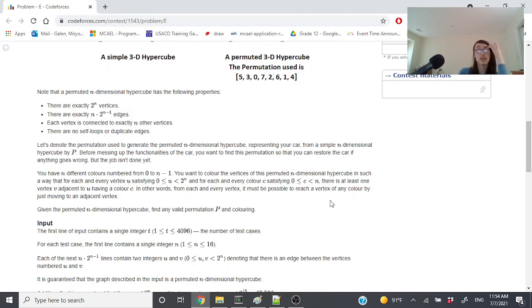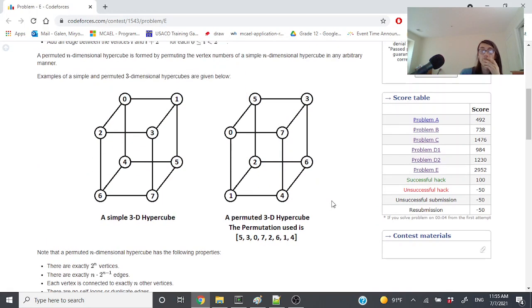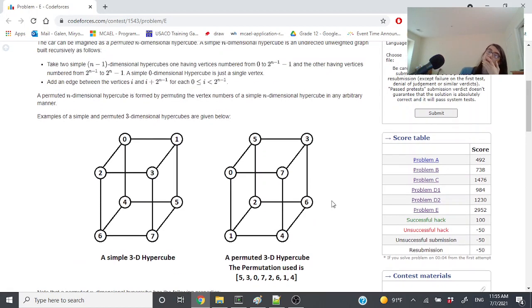Color. Huh? Oh. How does this work? Rotation uses 5, 3.